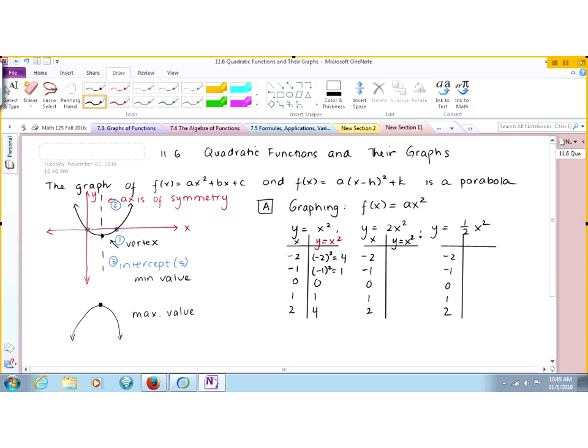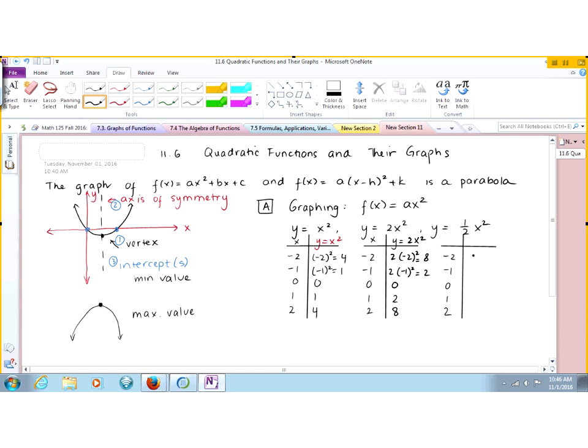What about y equals 2x squared? This is not x squared, but 2x squared. What will this be? 2 times -2 squared is 8, 2 times -1 squared is 2, 0, 2, 8. Do you follow what I'm doing?